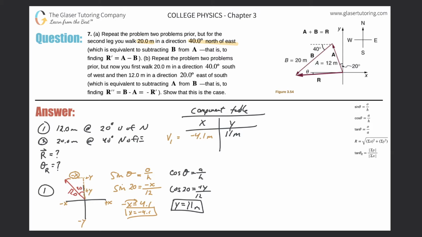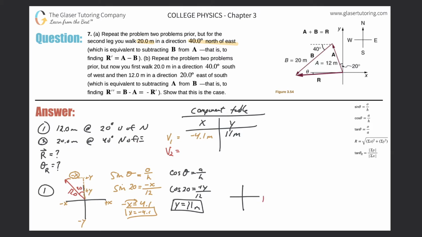Now let's do this for vector number 2, v2. Let's draw a completely new coordinate system down here, and draw in the vector how it's being described. It says 40 degrees north of east.